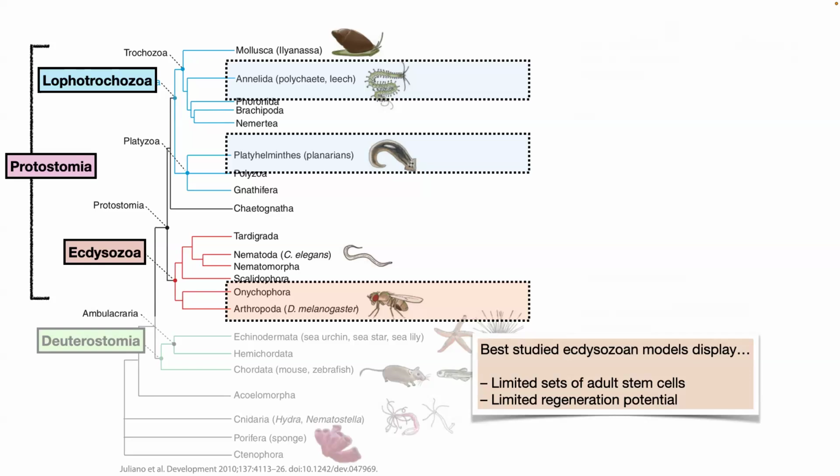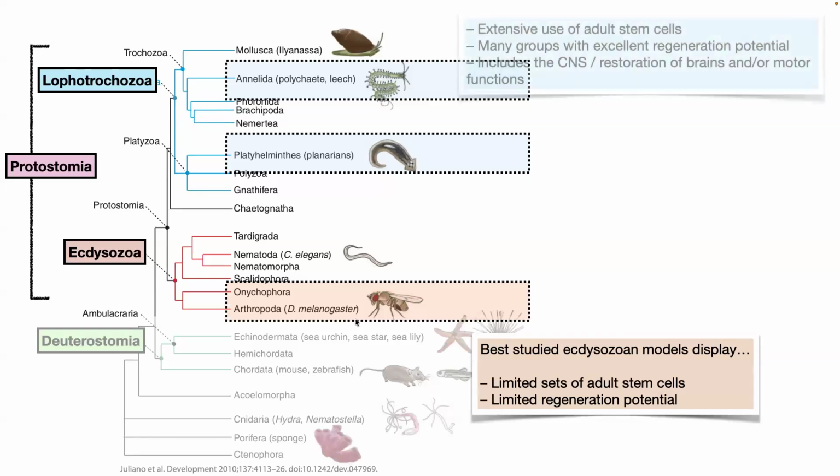Of course, you are aware that in these ecdysozoans, there are famous molecular model systems like nematodes and insects like the fruit fly, which have been extensively studied, but their stem cell biology, in particular with respect to neuronal biology, is limited. Nonetheless, there is important stem cell biology we briefly touch on.